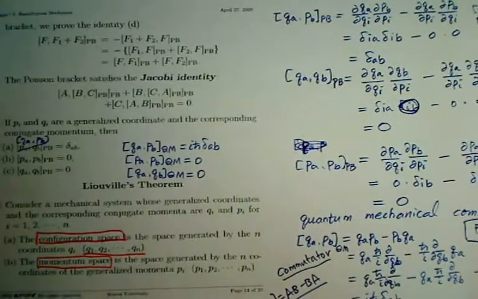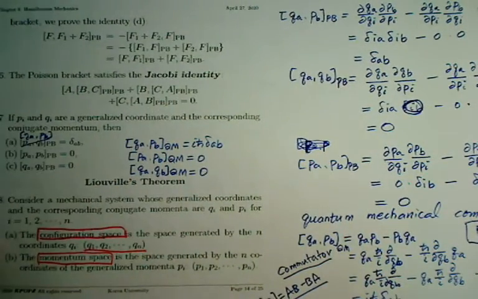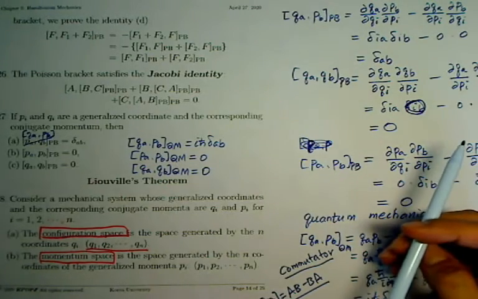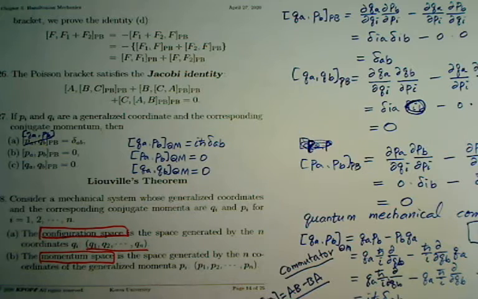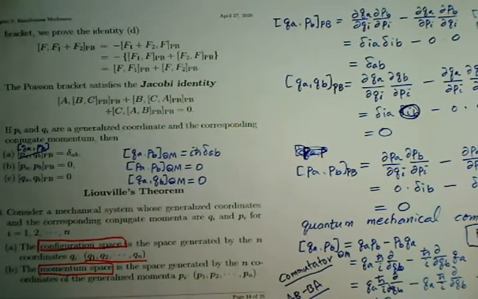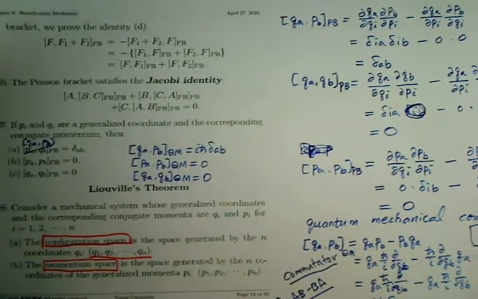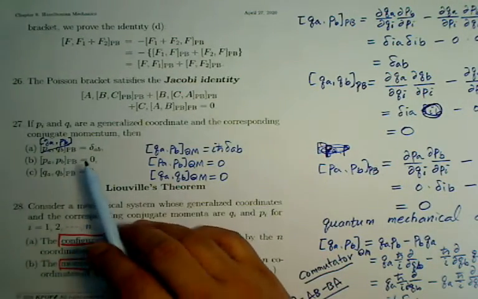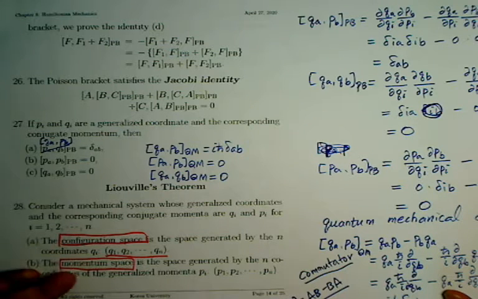Now we have the Jacobi identity. An equivalent identity appears in the quantum mechanical commutator. You can check it, but the calculation is too tedious, so let me pass. So what about the Poisson bracket of two mechanical variables, especially the generalized coordinate and canonical momentum?